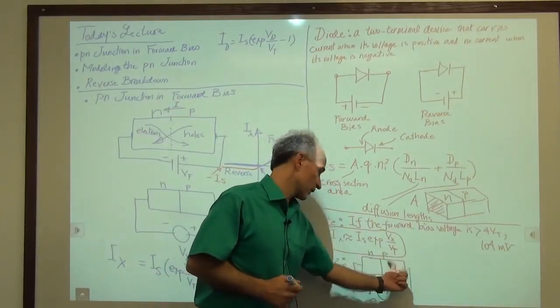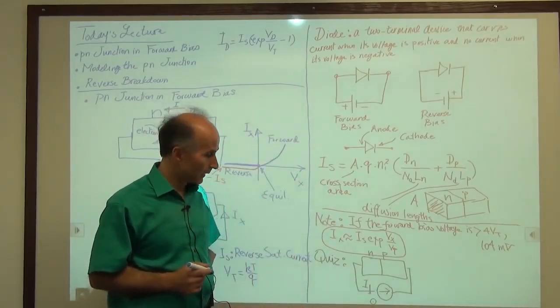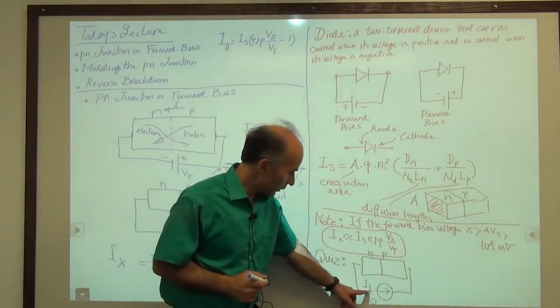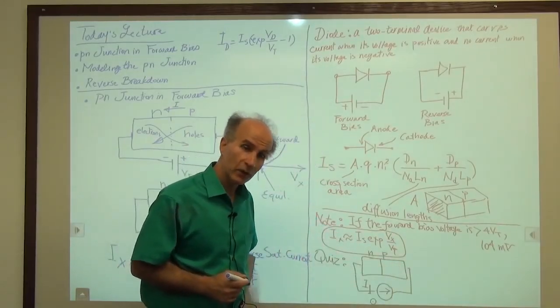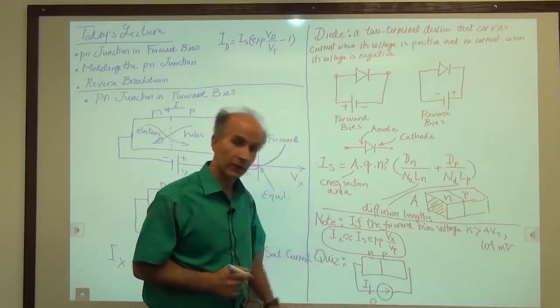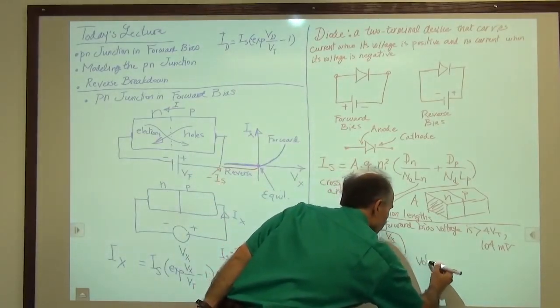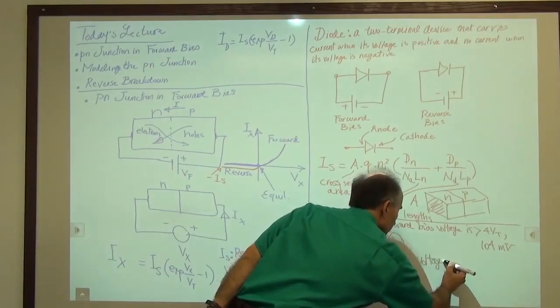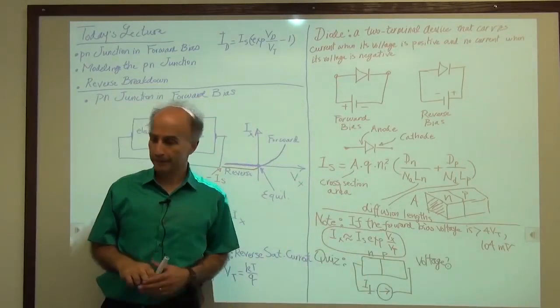It wants to push positive charge this way, which means the device will be forward biased. The question is, if we inject a current of I1 in this direction, how much voltage do we get from here to here? So how much is the voltage across the diode? I will give you 90 seconds to think about this.